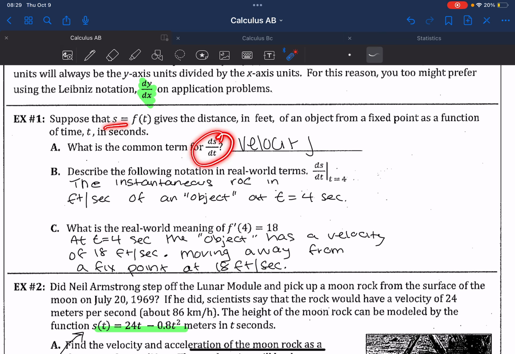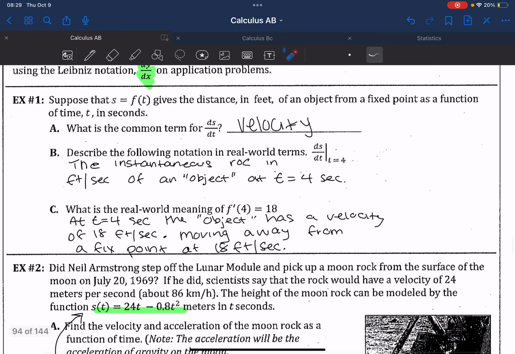Well, the derivative of the position function is just velocity. And let me fix that there because I didn't write velocity completely. Okay. It says describe how you would say this in real world terms. Well, we know that the derivative is also called instantaneous rate of change.